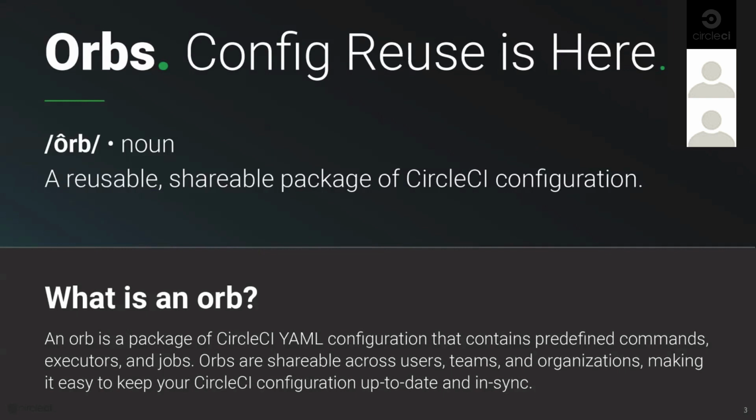Instead of repeating that same block of configuration code everywhere, you can extract it and package it as an orb. So when we talk about orbs, what we're referring to is really just a modular, sometimes parameterized configuration file. In other words, an orb is just a reusable and shareable package of CircleCI configuration.